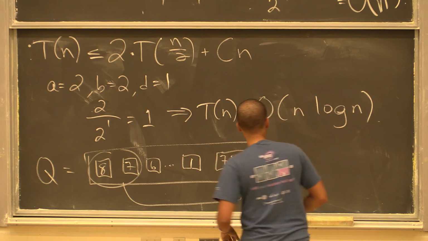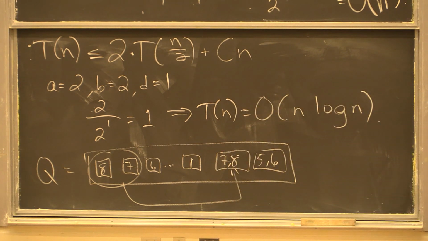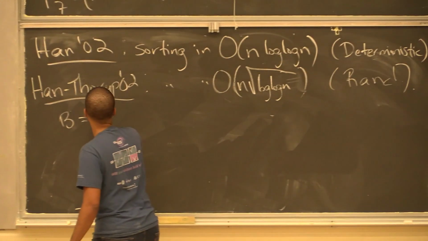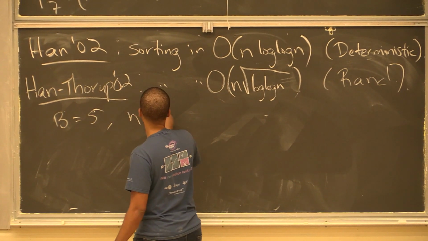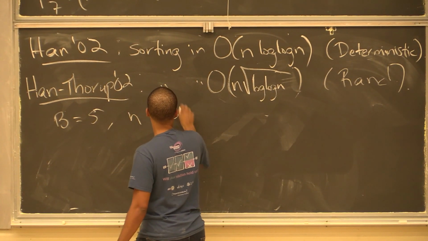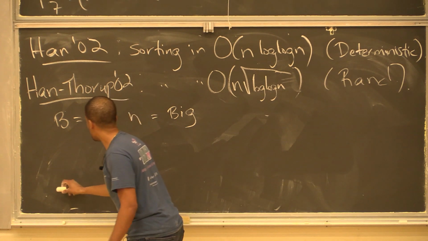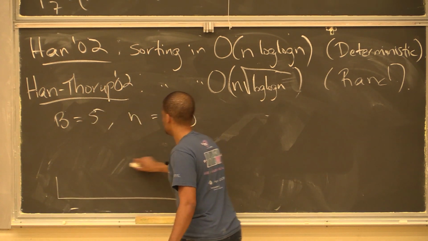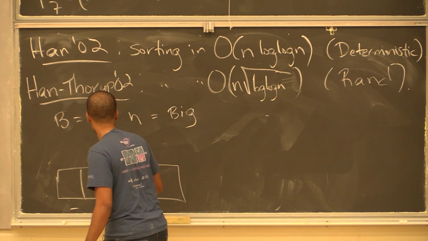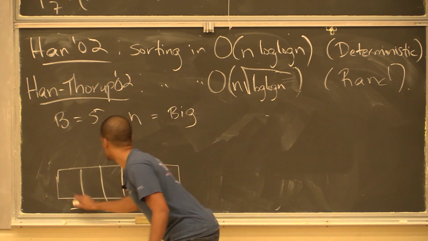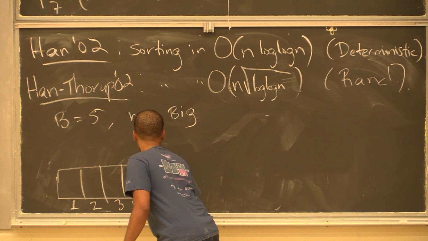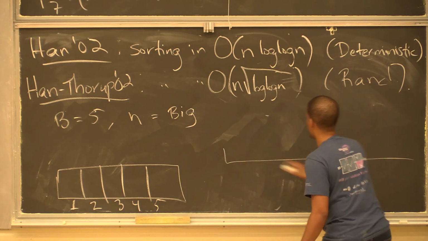Let me actually do counting sort down here. Let's say b is 5, and n can be something big. I'm going to allocate an array of size 5. And here's A, the array I'm trying to sort.